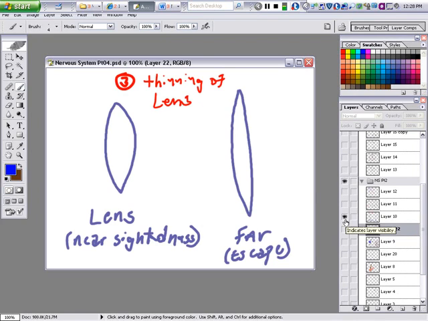Now, for the thinning of the lens, there are muscles that actually pull on that lens there. That ciliaris muscle holds the lens in place using these suspensory ligaments. Now, do you want these muscles to contract or relax to thin the lens?